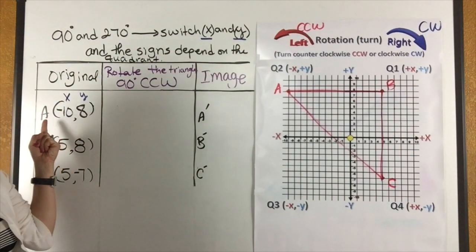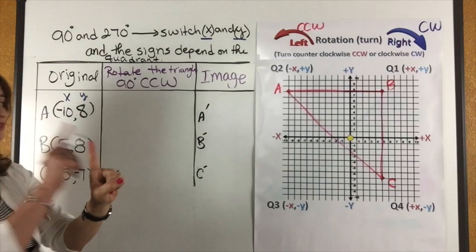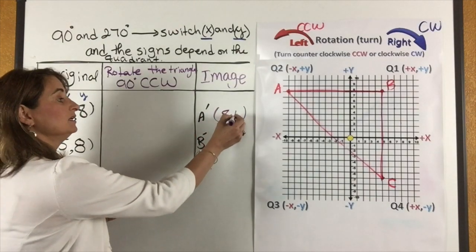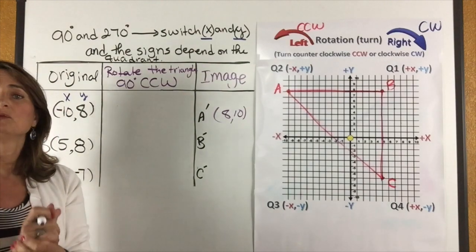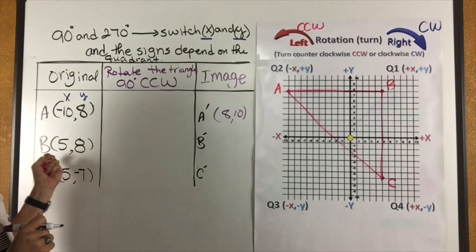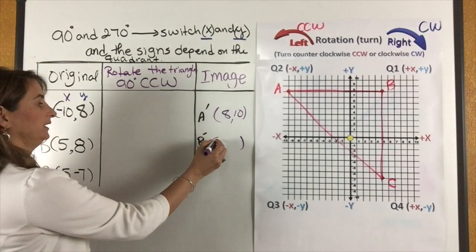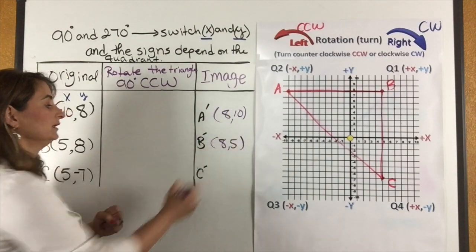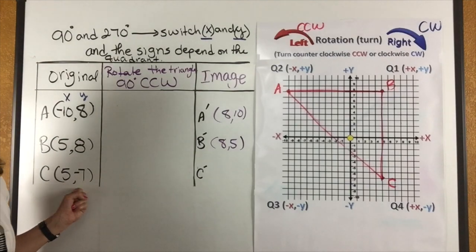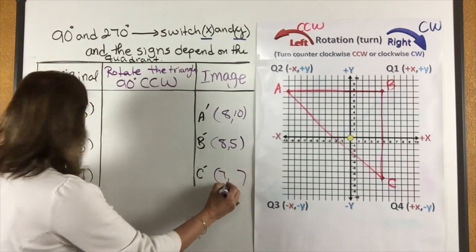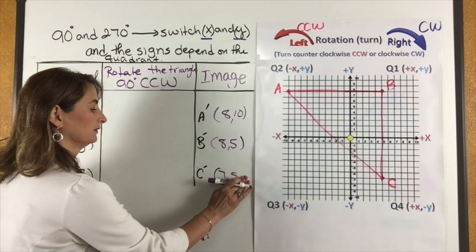Every vertex: A is negative 10, 8, switch X and Y, it becomes 8 and 10. Do not write the signs, we'll worry about it later. B, 5, 8, switch to 8, 5. C, it was 5, negative 7, switch, it'll be 7 and 5.